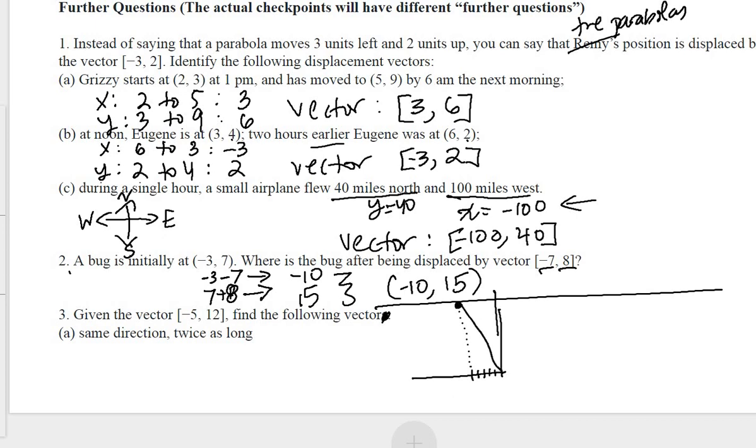And we want to double the length and go in the exact same direction. So I'll do that in another color. I'm going to double that length. What happens when I double the length is that my x value doubles.